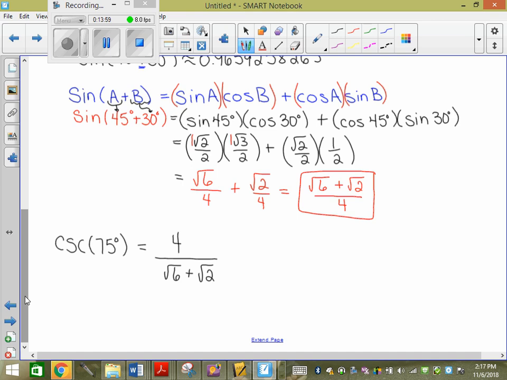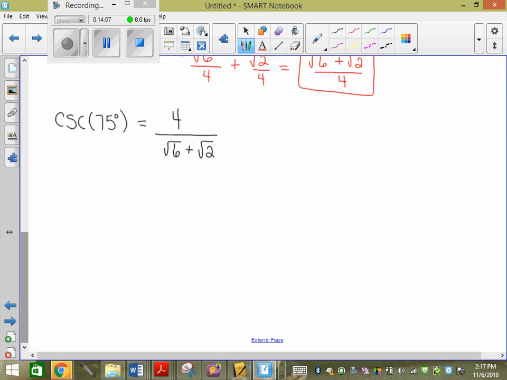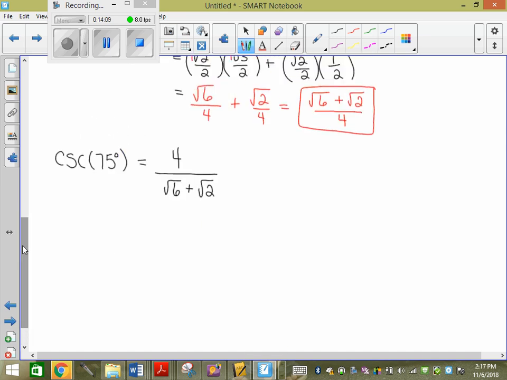So what we're going to do is multiply by the exact same as the denominator, opposite sign in the middle. The reason why we do that is because when we multiply by the conjugate, the radicals go away. So we're going to multiply by root 6 minus root 2. Exact same but opposite sign. And we have to do it to the top as well.